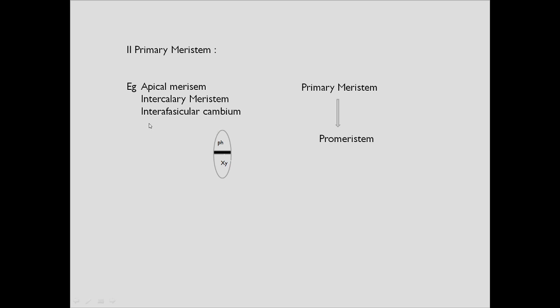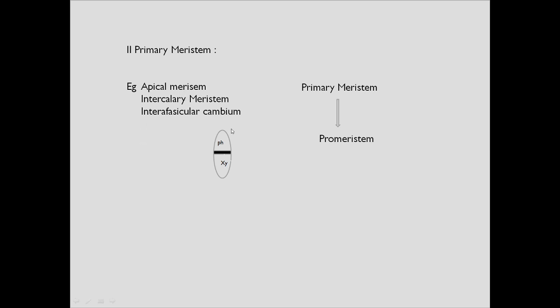The apical meristem and intercalary meristem are responsible for the primary growth in the plant body. It means they increase the height or the length of the plant body.